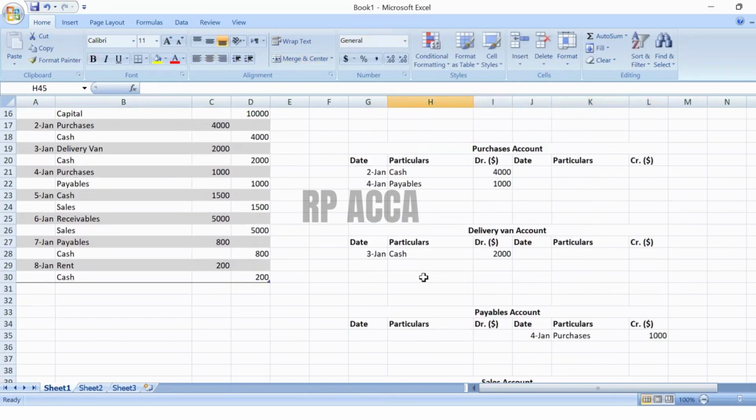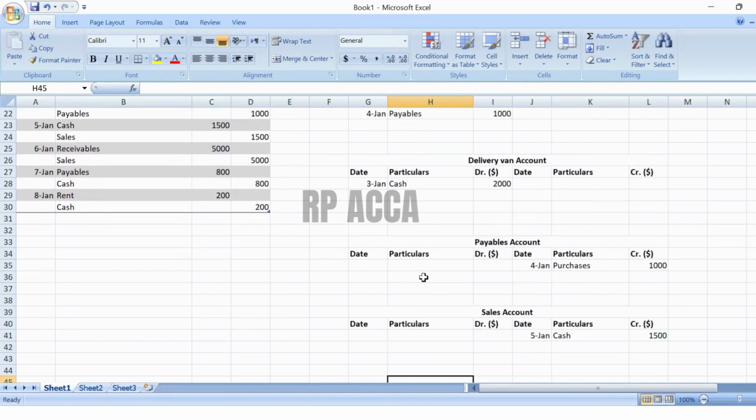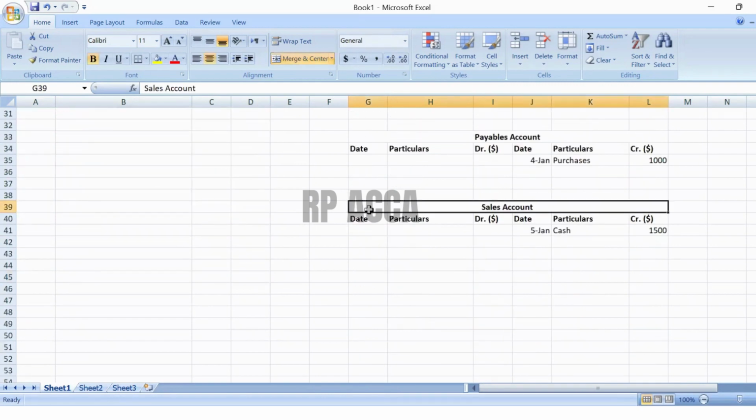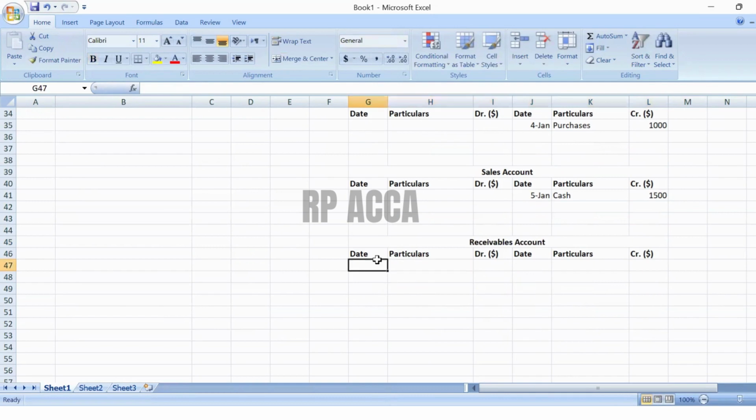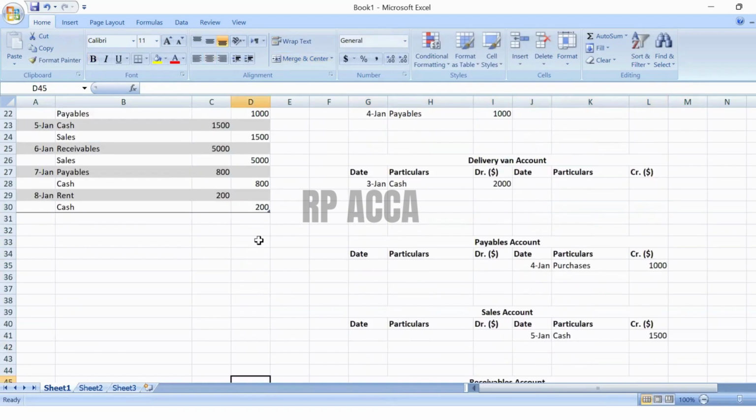Then we have a credit sales. So let's open receivables account and debit sales there. And in sales account, we will credit receivables.